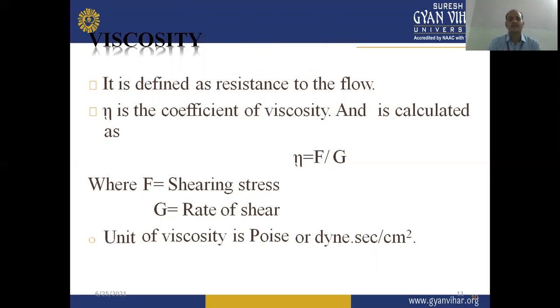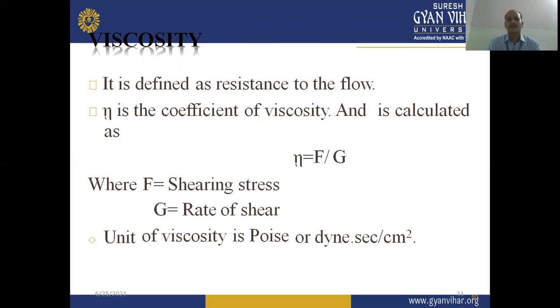So the viscosity coefficient can be represented by the equation eta equal to F by G. Eta means viscosity, or coefficient of viscosity, and it is shearing stress divided by rate of shear.